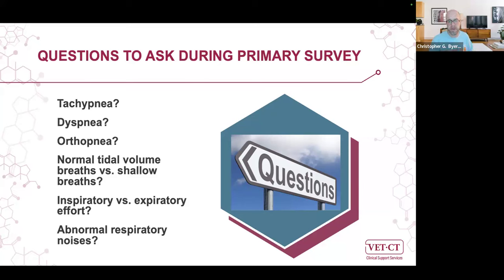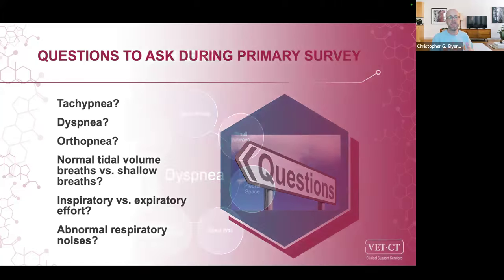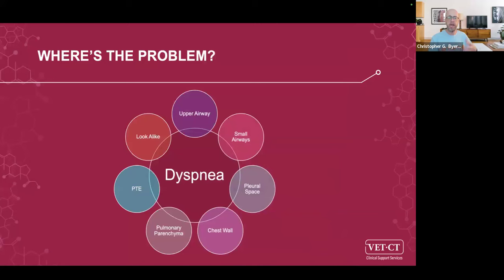Get them to take a video. The video is immeasurably helpful to help us answer these questions, because ultimately we are trying to decide where in the respiratory tree a patient's problem is. And these are the major locales.